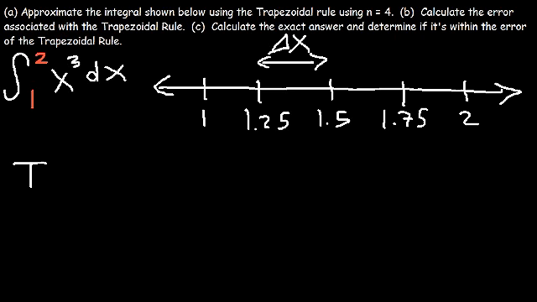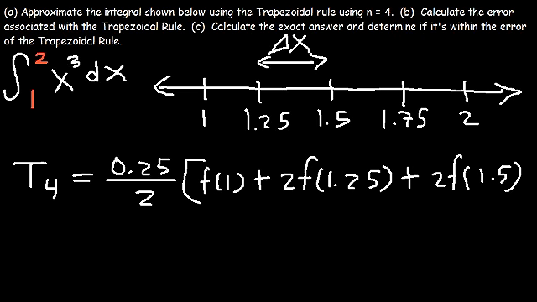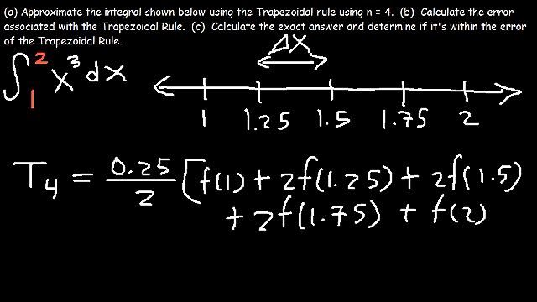So now let's calculate T of 4. It's going to be delta x, which is 0.25, divided by 2, times f of 1, plus 2 times f of 1.25, plus 2 times f of 1.5, plus 2 times f of 1.75, and finally, plus f of 2. 0.25 divided by 2 is 0.125. F of 1 to the third power is 1.